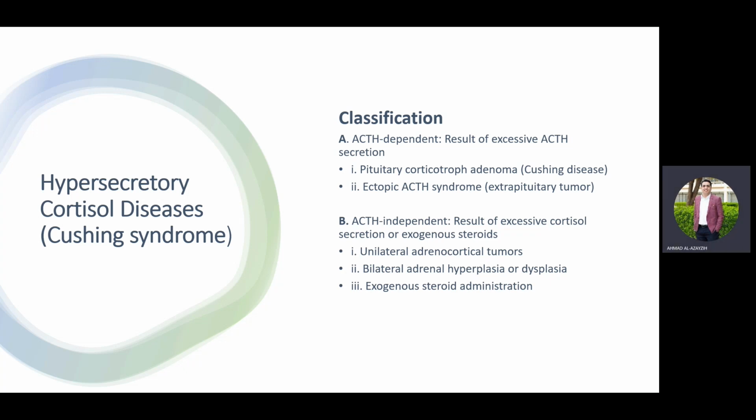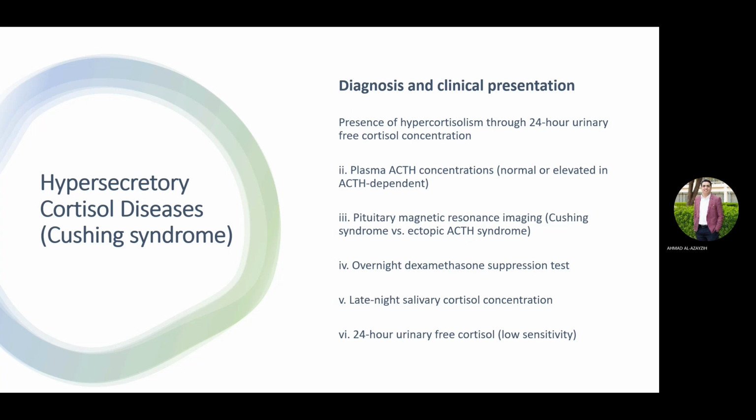Another cause is a unilateral adrenocortical tumor, where the problem is only in the adrenal gland. So the pituitary is fine, but the problem is in the adrenal gland itself, with more corticosteroid production independent of the ACTH feedback.